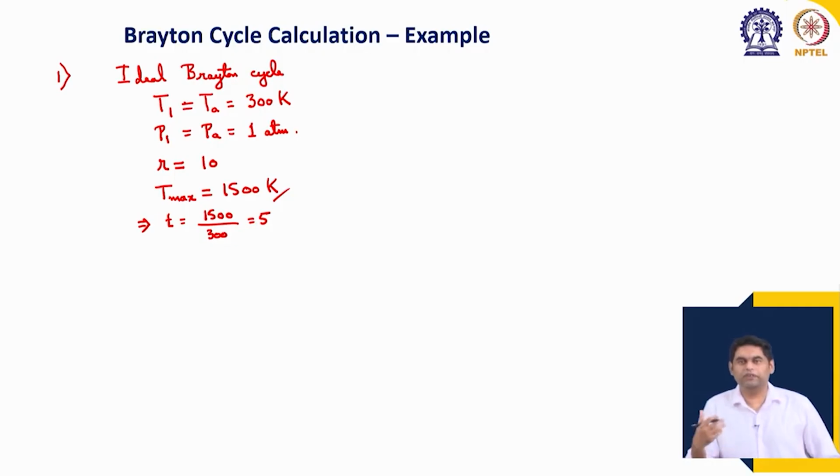The turbine blades have to withstand a high temperature, and depending on their quality we define the maximum temperature in the cycle. Anyway, we will discuss this later when we discuss turbines specifically. So, now coming back to this problem. For the ideal Brayton cycle we will consider the air standard cycle.